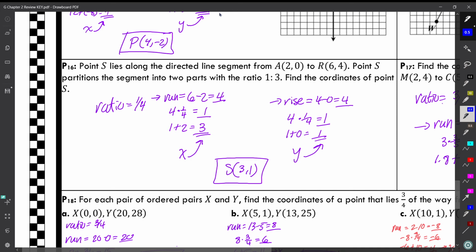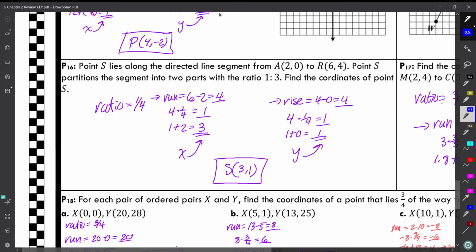We get 3 for the new x-coordinate of point S. And do the same thing for the rise. 4 minus 0 gives me 4. Multiply by the ratio and you get 1. I'll add that 1 to the initial y-coordinate of 0 from point A, and you have 1. So S has y-coordinate 1. Together, S has the coordinates (3, 1).